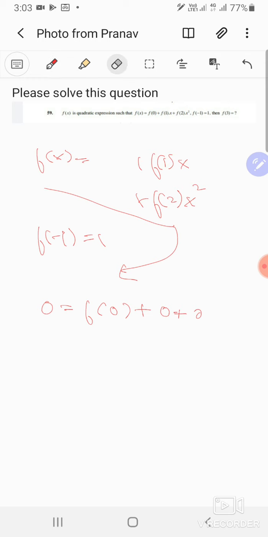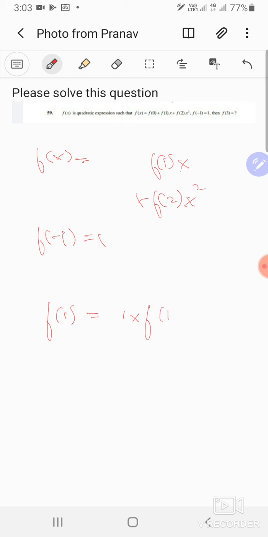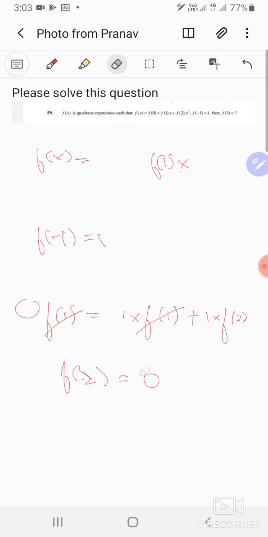Next we can put the value of x as 1. That gives me f of 1 is equal to 1 times f of 1 plus 1 times f of 2. This cancels, so f of 2 is going to be equal to 0.